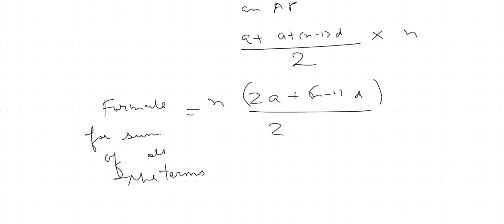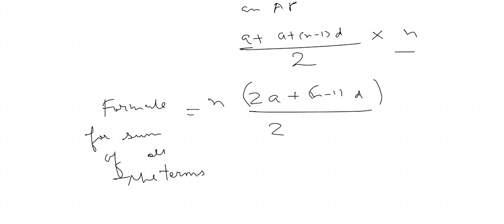You have to use this formula to figure out the sum of all the terms, and then in the future you will use it for application-based questions. This formula is derived from an idea: first term plus last term, उसका हाफ करेंगे तो एक मीडियन टर्म आता है, जिसको हम मीडियन टर्म बोलते हैं. इसके बारे में बाद में बात करेंगे. अभी के लिए आप फॉर्मूला नोट कर लो, और फिर नंबर ऑफ टर्म से हम मल्टीप्लाई करते हैं.